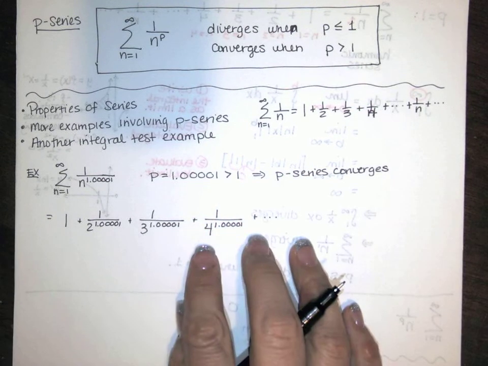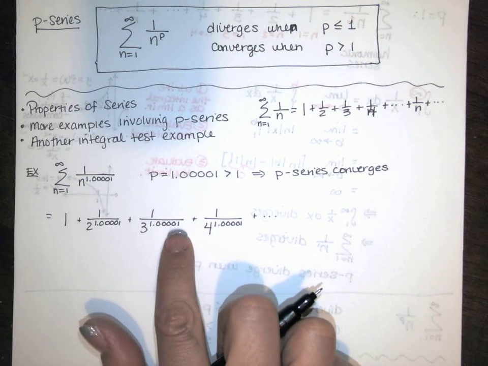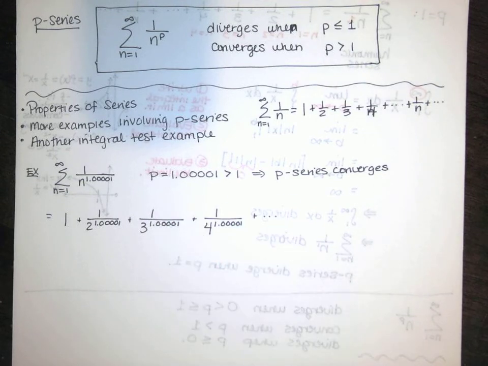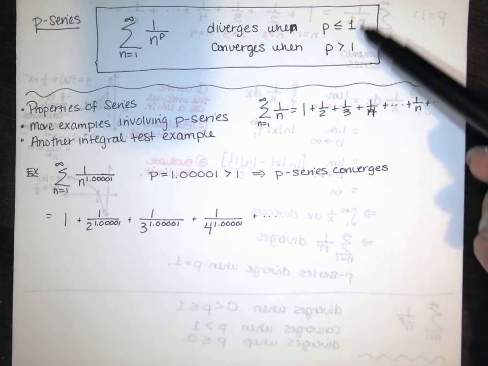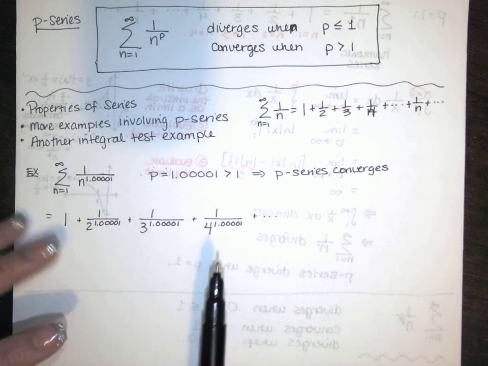Turns out you add up all of those, and because of that 0.00001, the sum is finite. This converges. Converges to some number, I don't know what it is. This test doesn't tell us what the p-series converges to, but we know it converges.